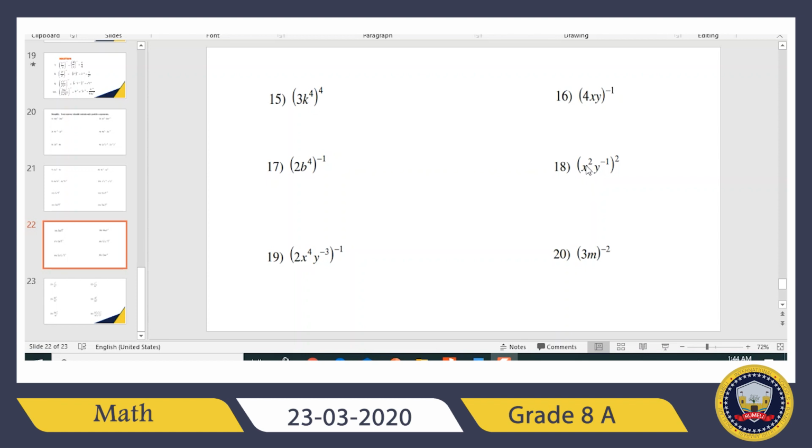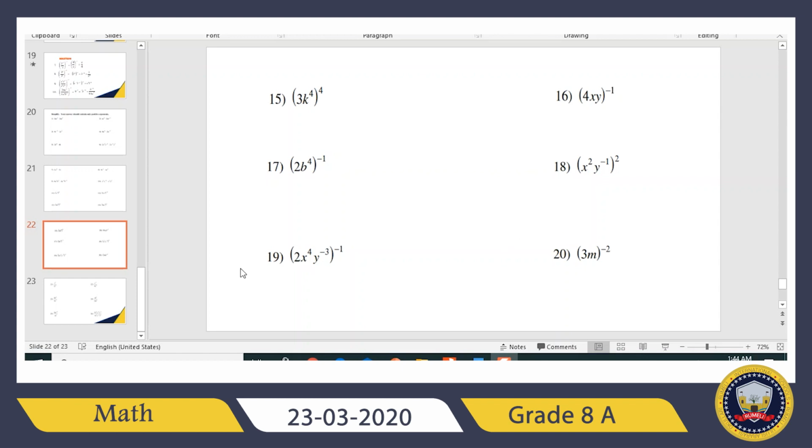So here x power 2 times 2 is x power 4, y negative 1 times 2 is negative 2. So the answer should be x power 4 y power negative 2, but I cannot leave a negative power, so I will write x power 4 over y power 2, positive 2, because I write the reciprocal, so I put it as a positive power.